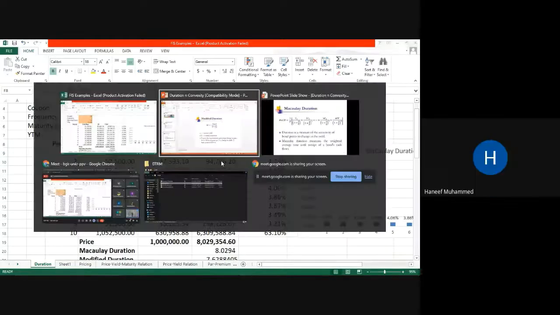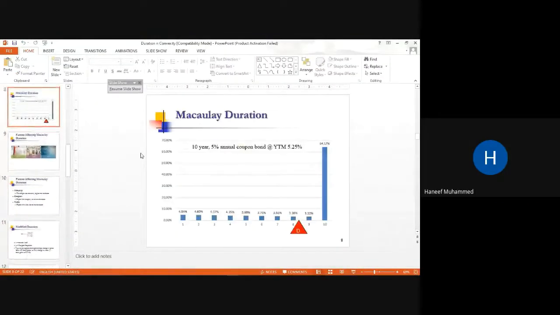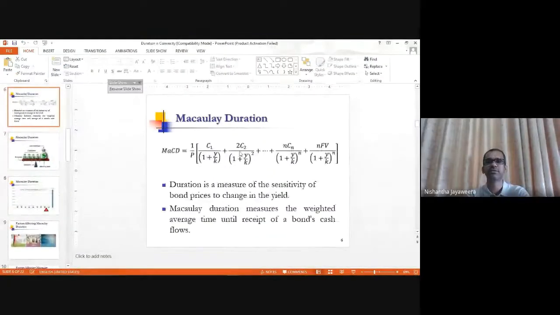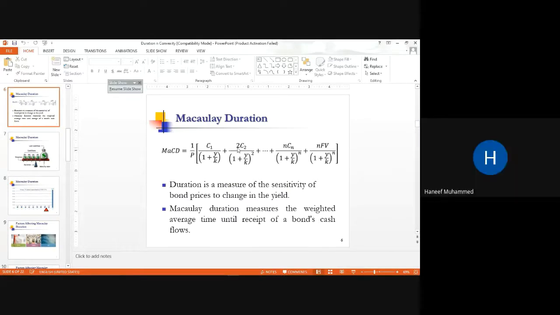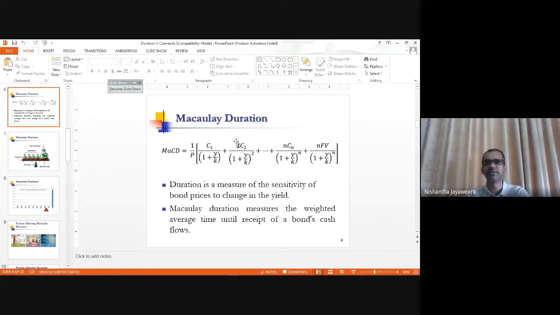Why this? Is there a rationale? Yes, this is the definition. Remember, in the price equation, there's no 1, 2, 3 like this. In the numerator, this is time weighted by the present value. That's what we do: weighted average time.